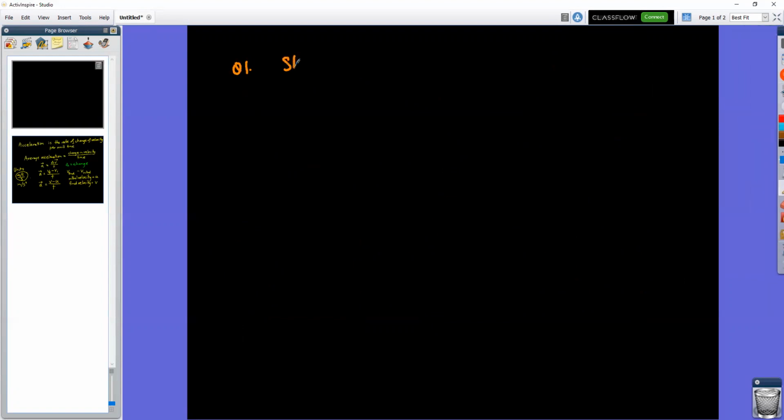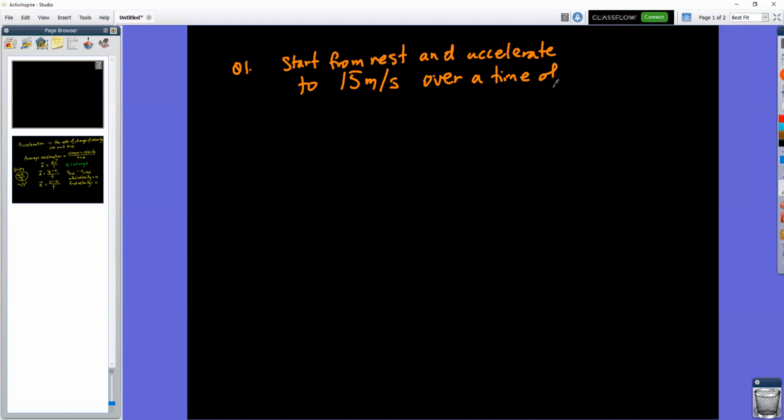We're going to start from rest and accelerate to 15 meters per second over a time of 5 seconds.